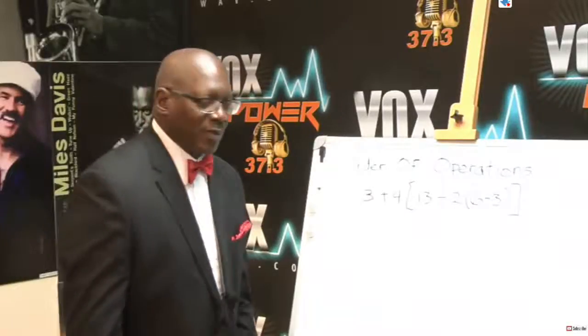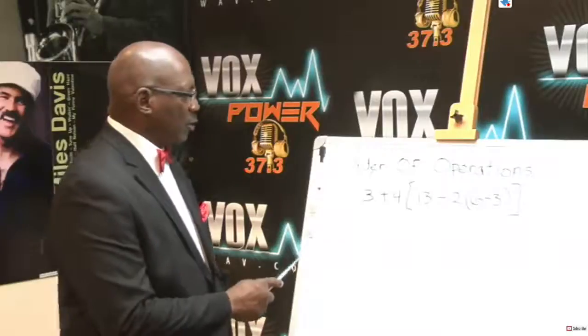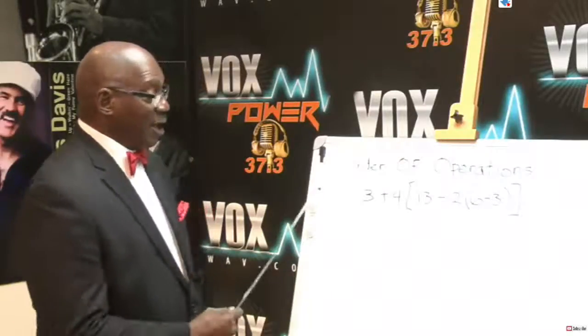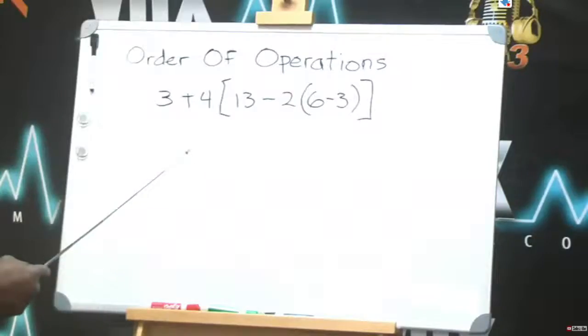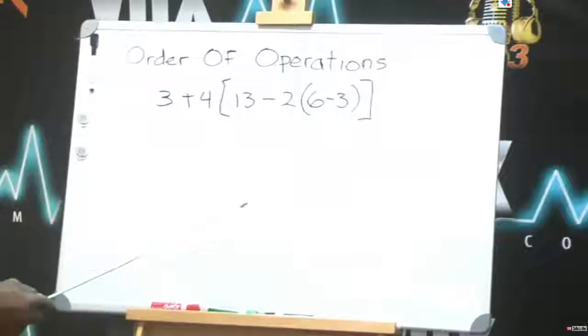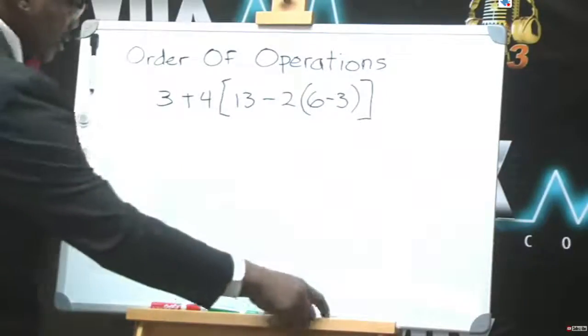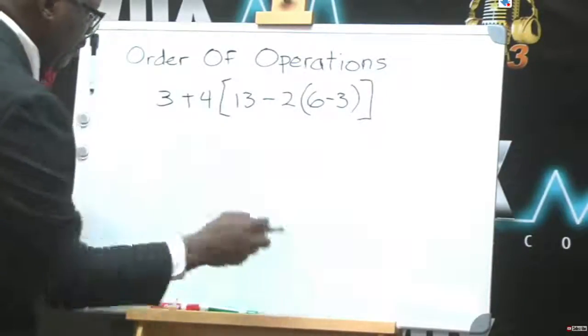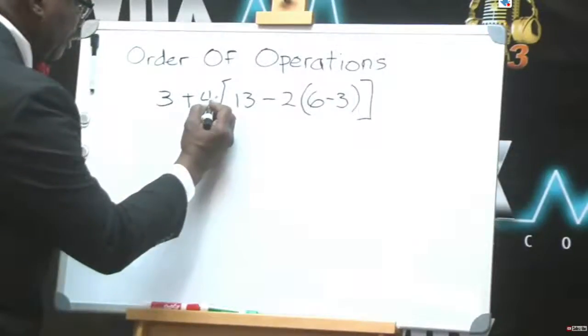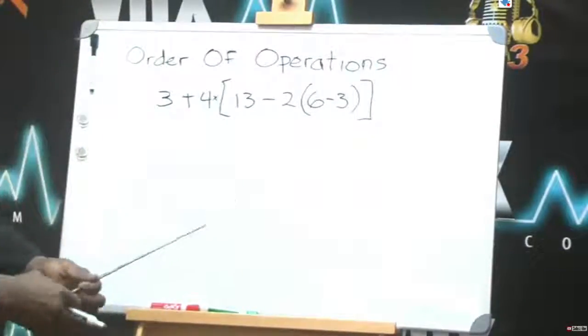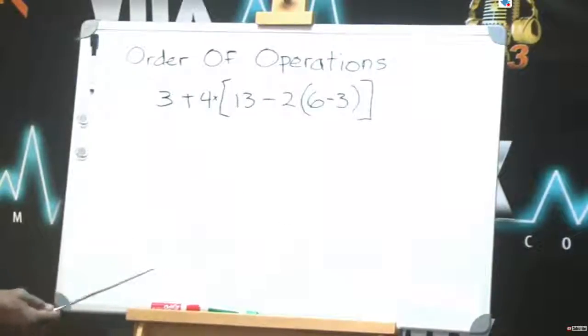Hello again. We're back again to talk about order of operations. And now we have a problem which has brackets, parentheses, and multiplication, even though you don't see that multiplication sign. This is something that we'll be learning in our language, all its own, called mathematics.